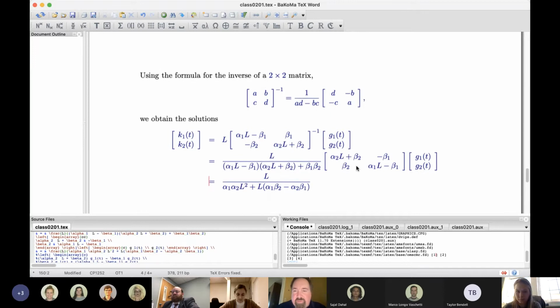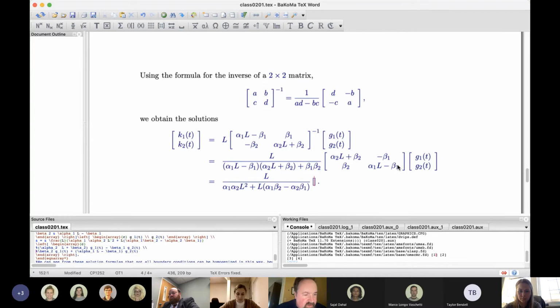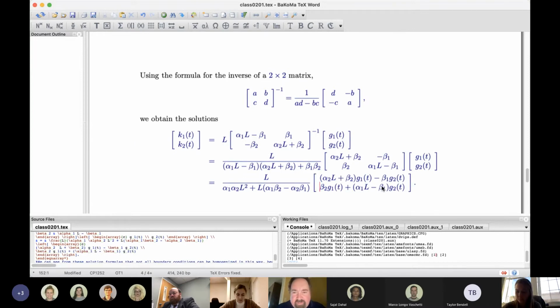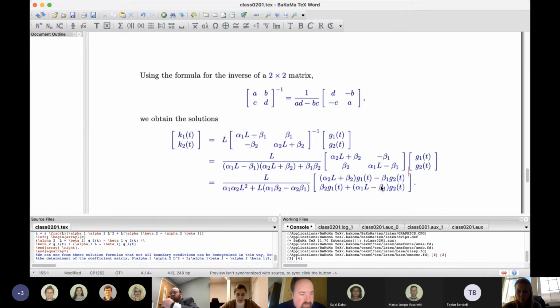And when I carry out this matrix-vector multiplication, this is what I get. So I have these formulas for k1 and k2. That would work for whatever alpha 1, alpha 2, beta 1, beta 2 you're given from your boundary conditions.